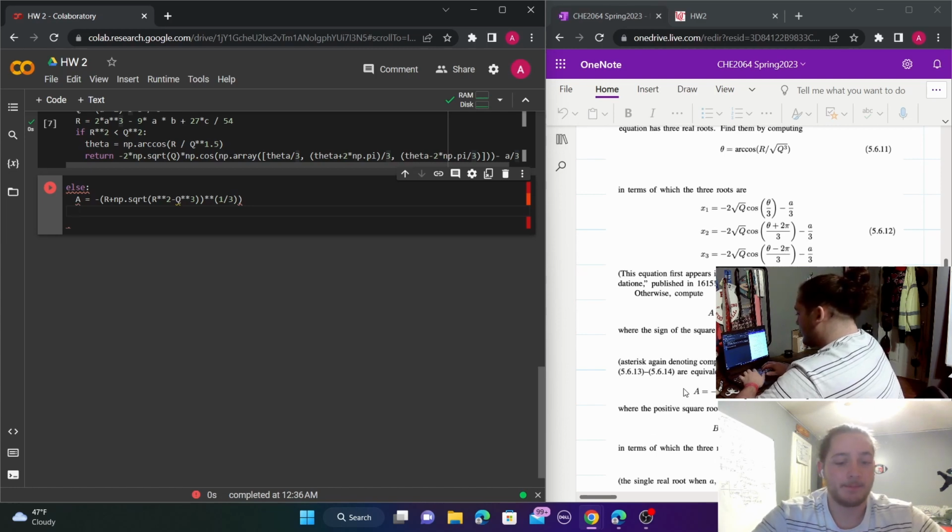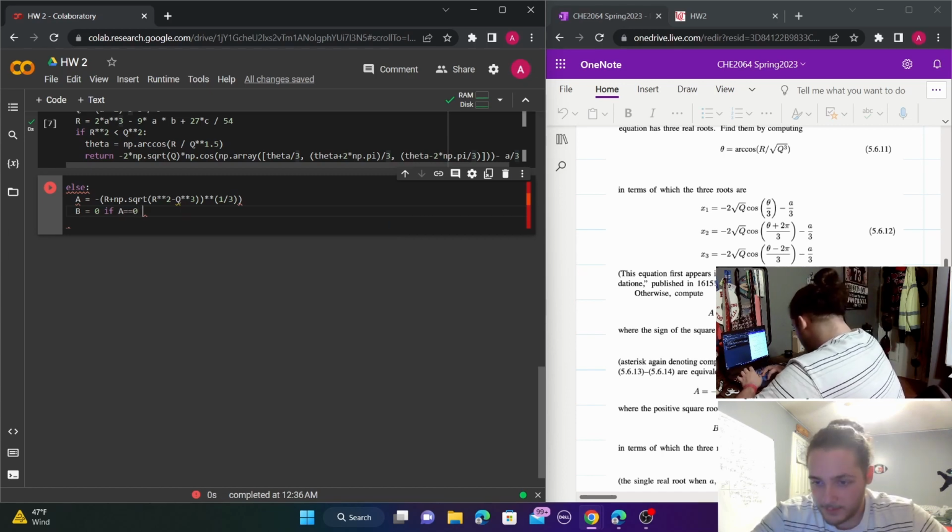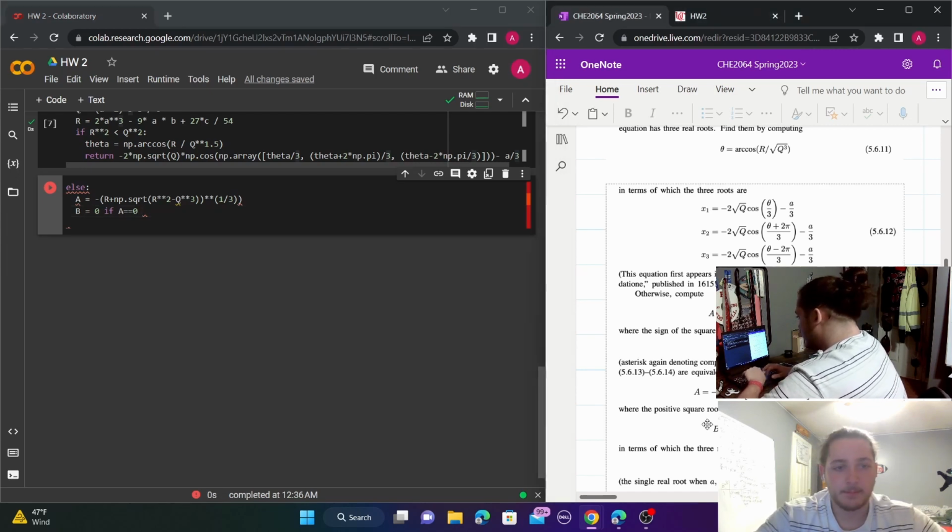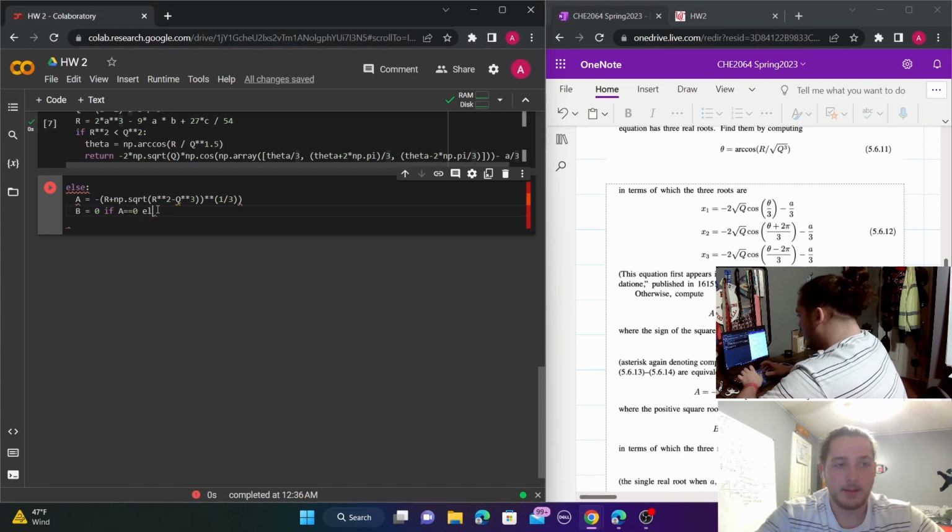So we are going to say that b is equal to 0 if a is equal to 0, and then if a is not equal to 0, we are going to put else, and that would be q over a.